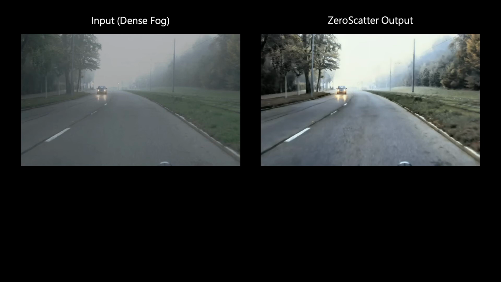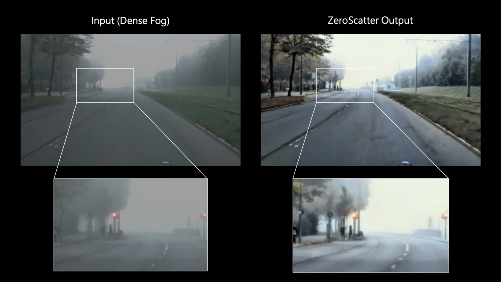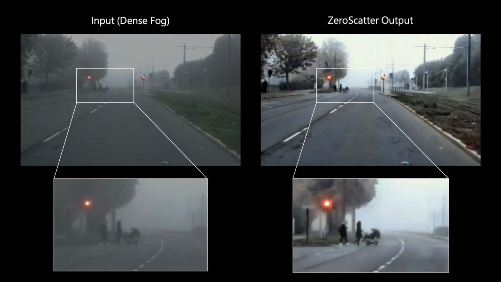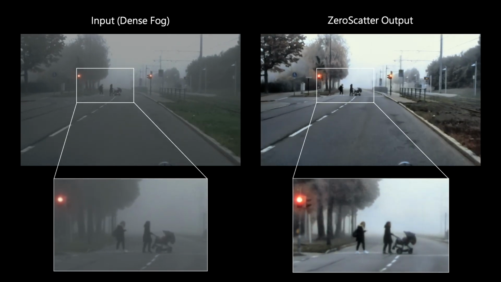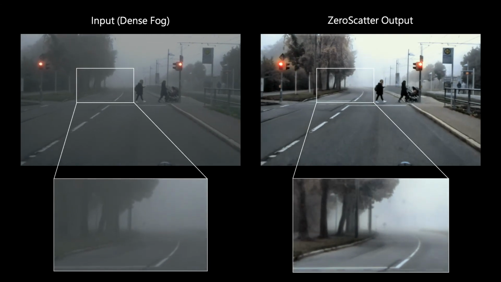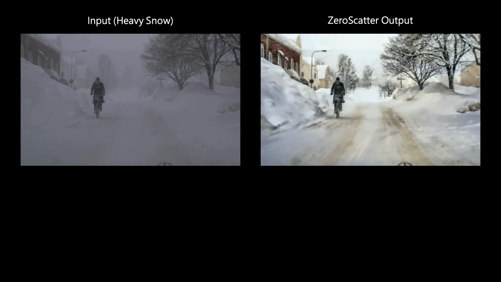Here is an example where it removes the haze and reveals pedestrians crossing the street. Here is another example where ZeroScatter removes scattering media in heavy snow and reveals a far-off house and trees.